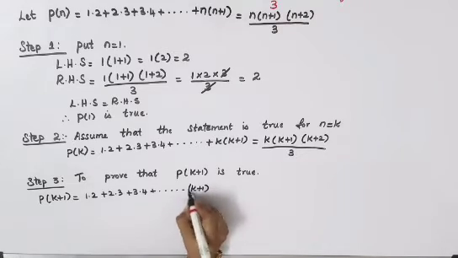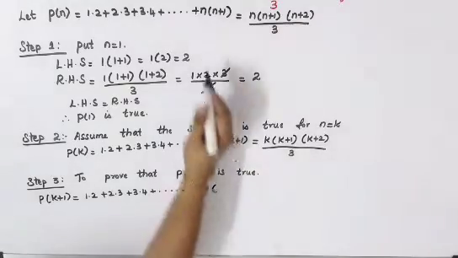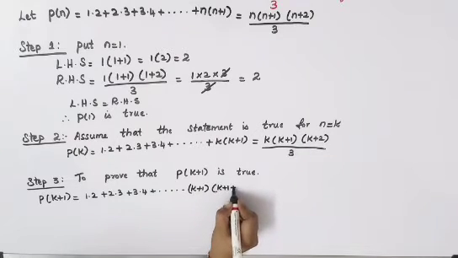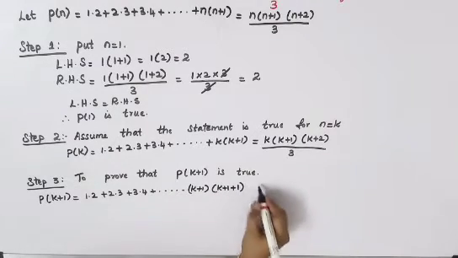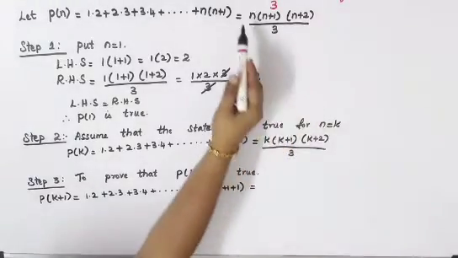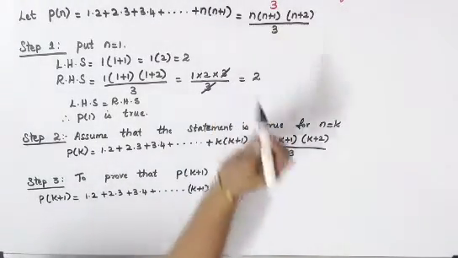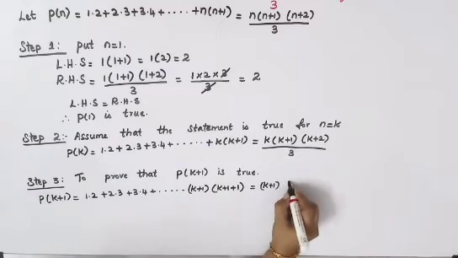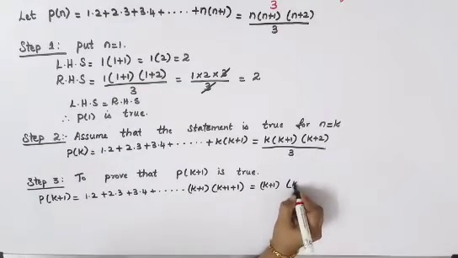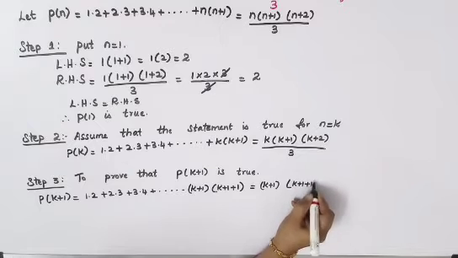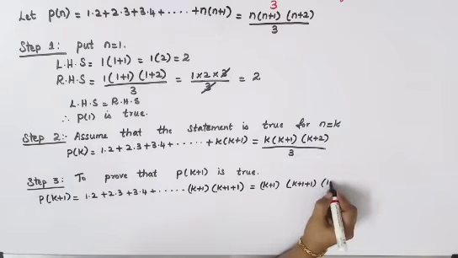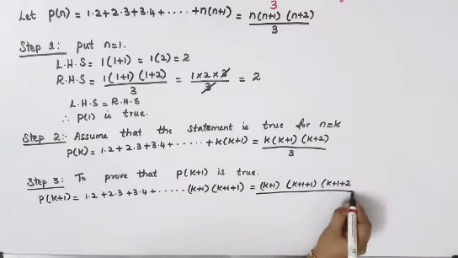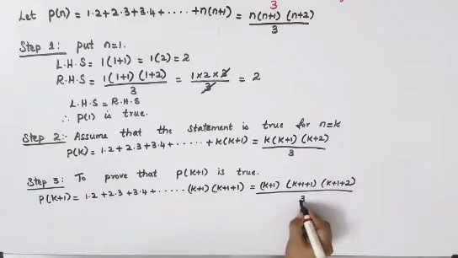So k plus 1 into, again n is there, so k plus 1, one more plus 1 is there, so put that plus 1, which is equal to, towards your right hand side, wherever n is there, now you will have to replace k plus 1. So first k plus 1, second is n plus 1, so k plus 1 plus 1, third is n plus 2, so k plus 1 plus 2 divided by 3.